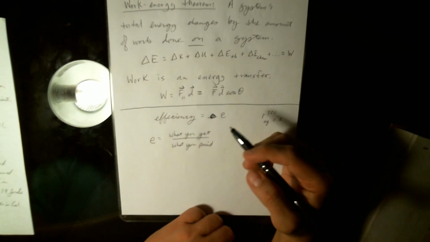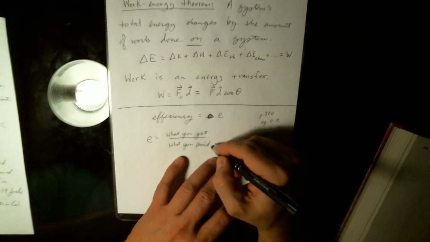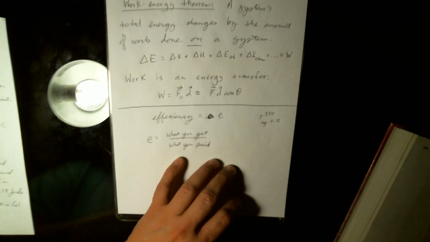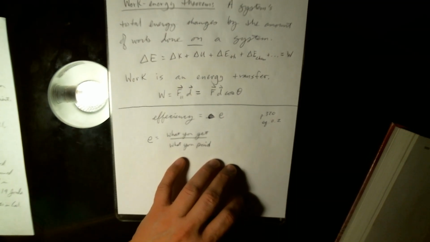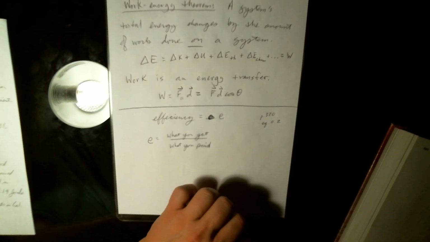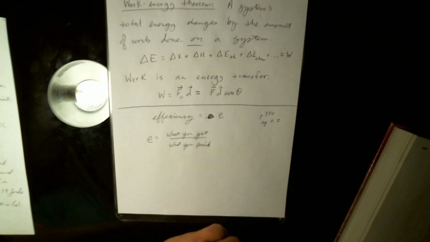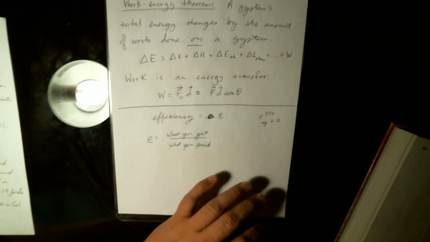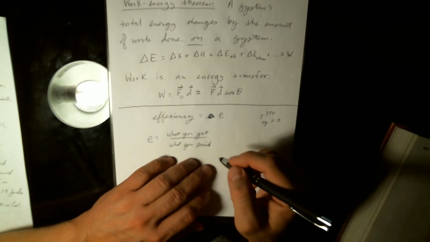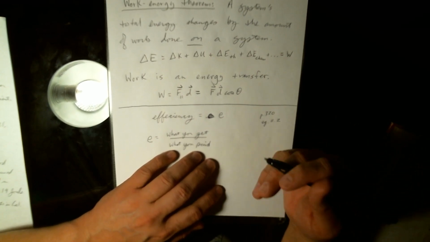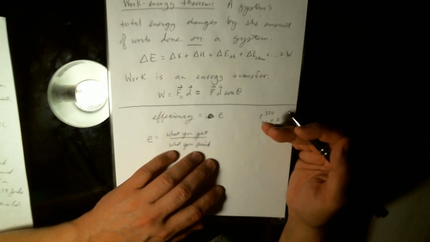So let me give you an example. What you paid is how much energy you spent. And what you get is basically how much energy got produced. So a pretty good example would be if you walked up a flight of stairs. You would gain gravitational potential energy.